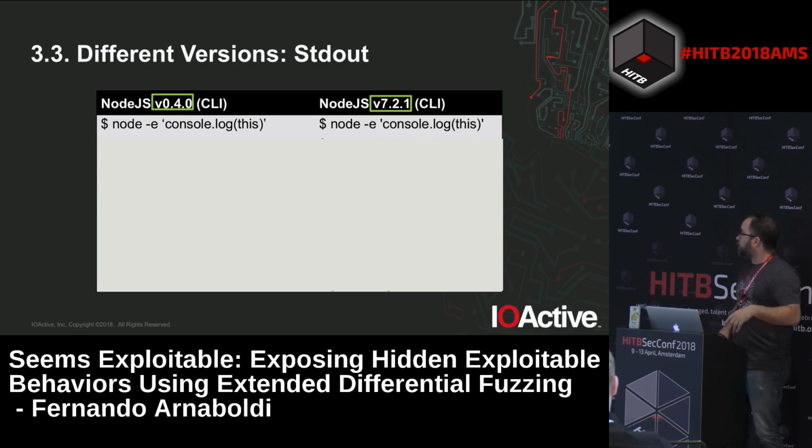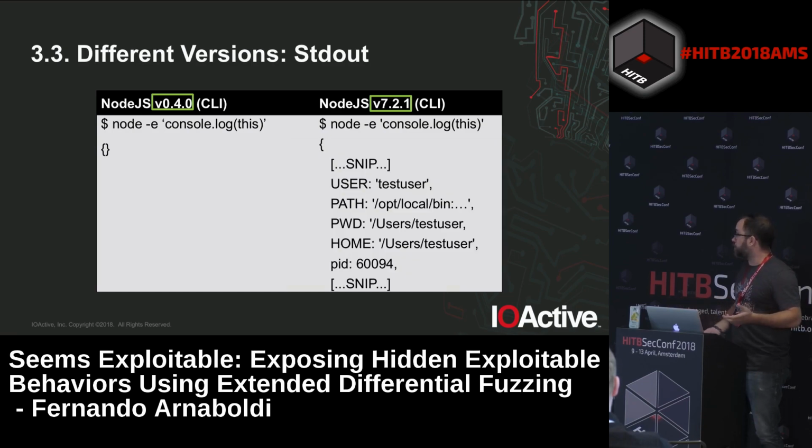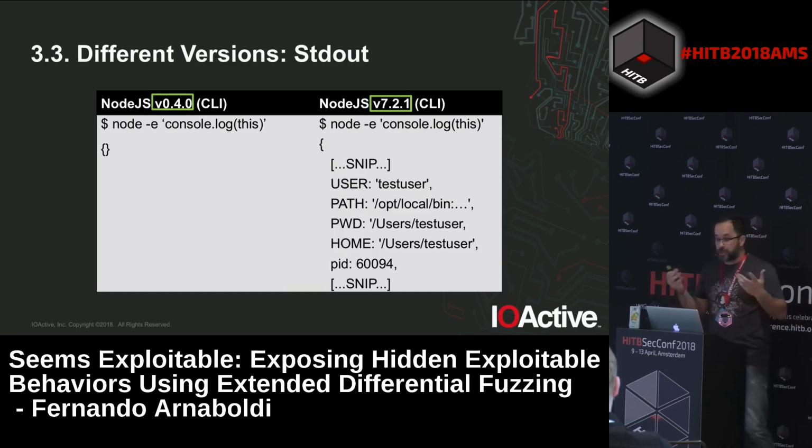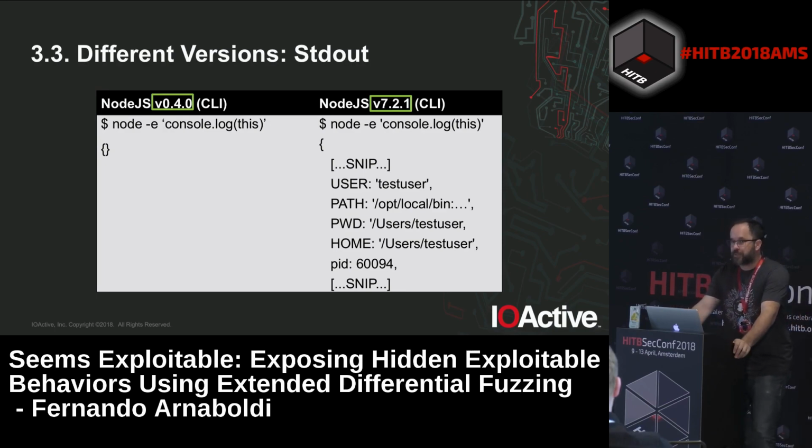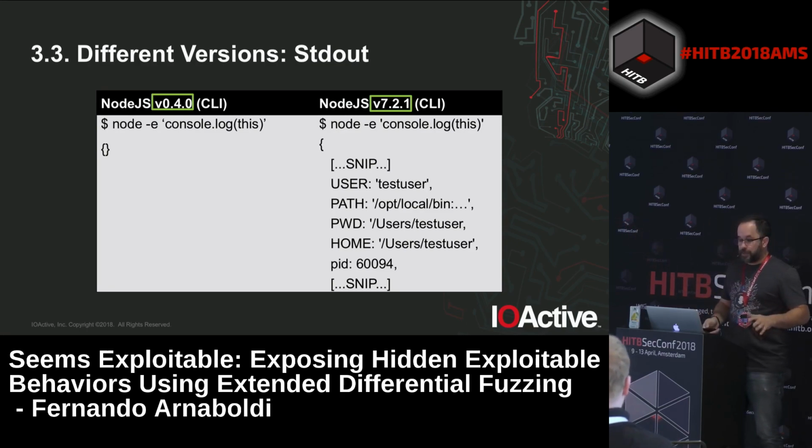The thing is, a lot of time ago, it used to output just an empty dictionary, but nowadays it shows that thing. So you can see how the same piece of software has changed throughout time. So the possibilities are enormous.